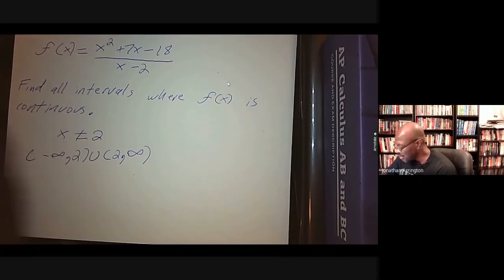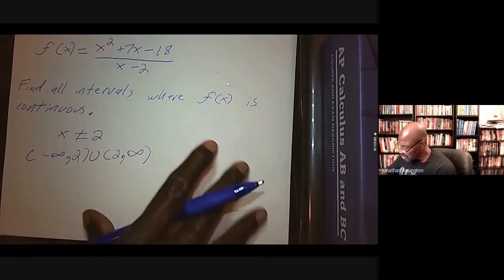If I just gave you any polynomial and asked you to find all the intervals where it's continuous, of course, you're going to say negative infinity to infinity. In fact, if I gave you an exponential function and asked you where it's continuous, you're going to say negative infinity to infinity. Logarithms, there's restrictions that we'll look at a little bit later, and also 4 of the 6 trigonometric functions. There are also restrictions that we're going to look at later.